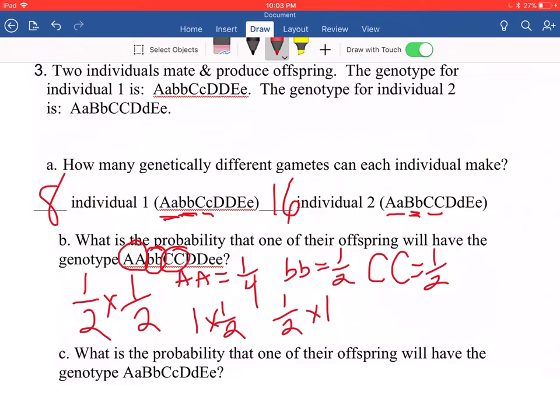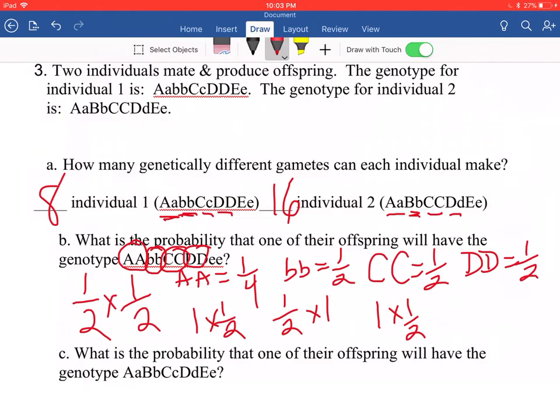Now we can look at the D's, and we are interested in getting 2 big D's for this offspring. The probability of getting a big D from individual 1 is 1, and the probability of getting a big D from individual 2 is a half. So we know that the probability of getting big D is 1/2.